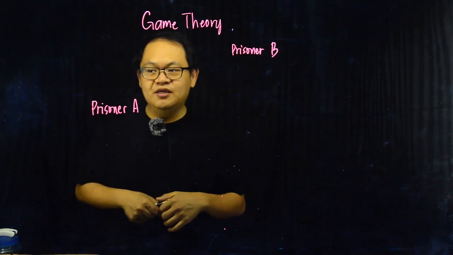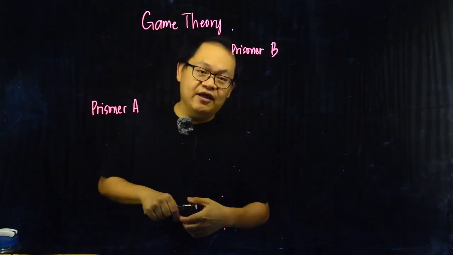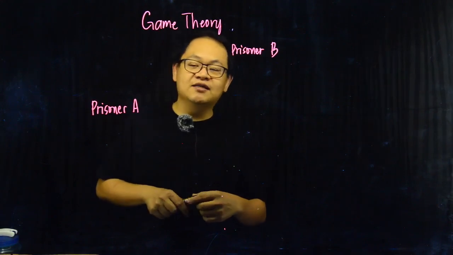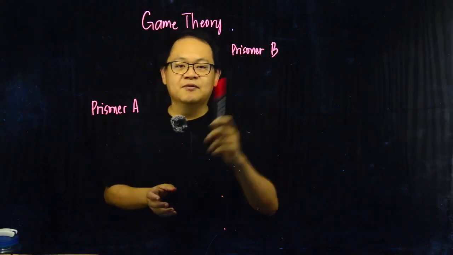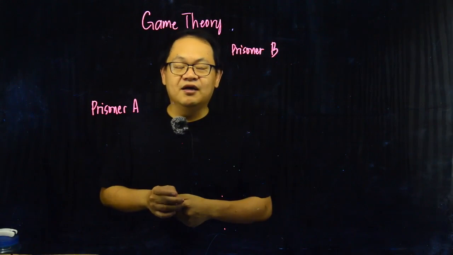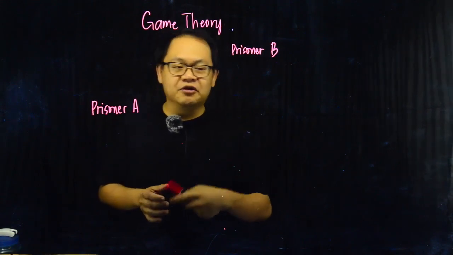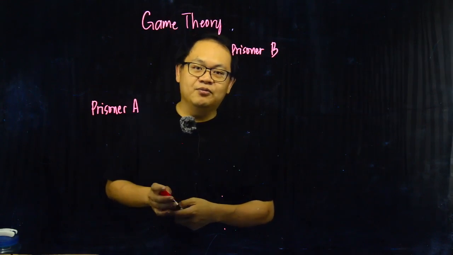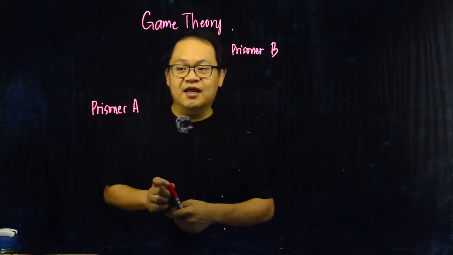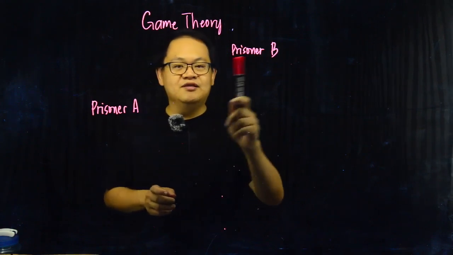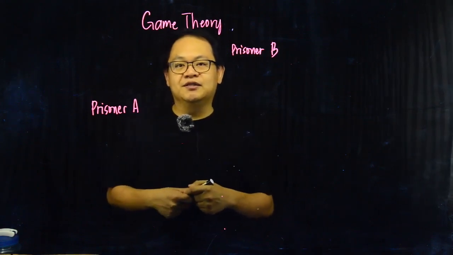Now, let's say the police, in interrogating these prisoners, have circumstantial evidence that these prisoners also did a more heinous crime. Let's say they murdered someone. However, the police right now only have circumstantial evidence, and therefore they couldn't pin the murder on these two prisoners.